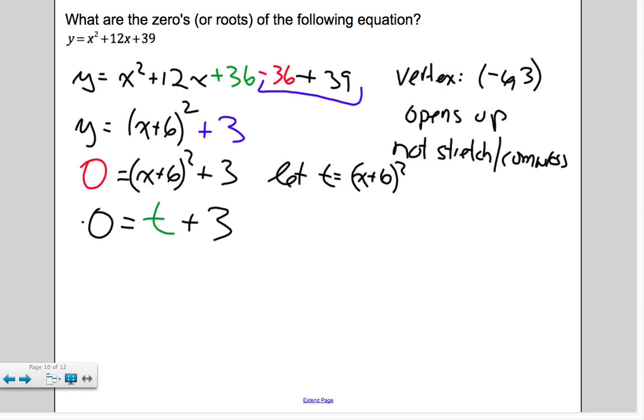What's t? How can I solve for t? So we subtract 3 from each side. Right? But we're not solving for t. This just kind of helps us get there. We want to put t back, we'll put this back in now. X plus 6 quantity squared.